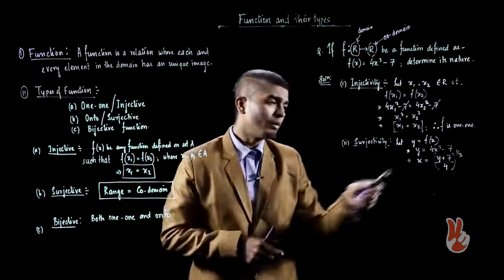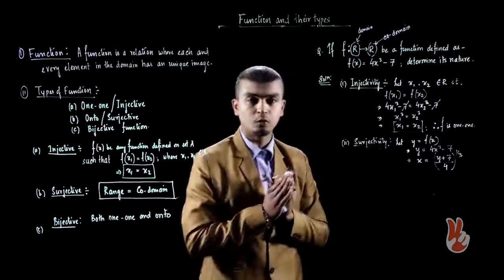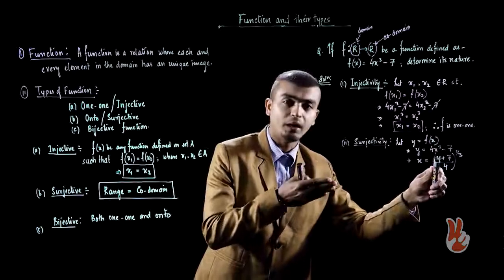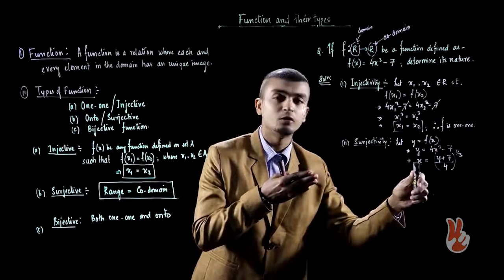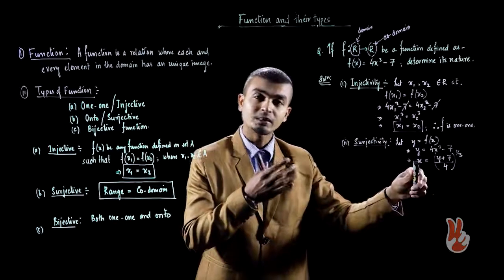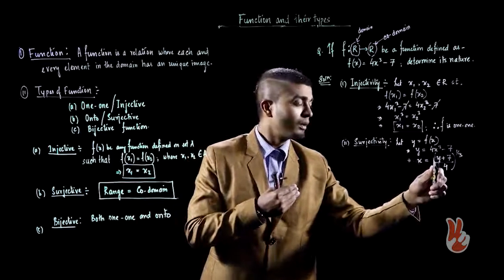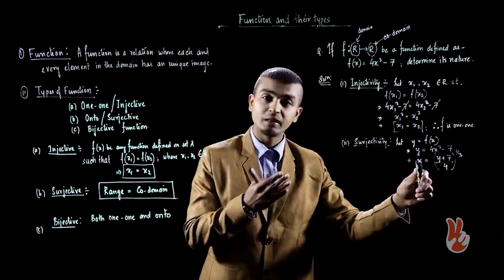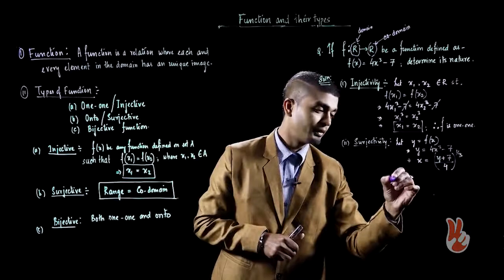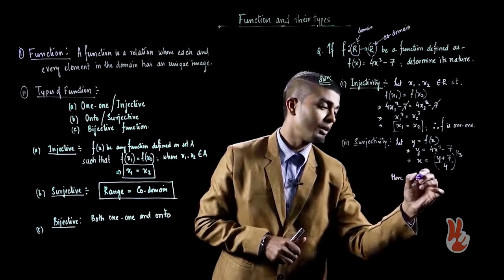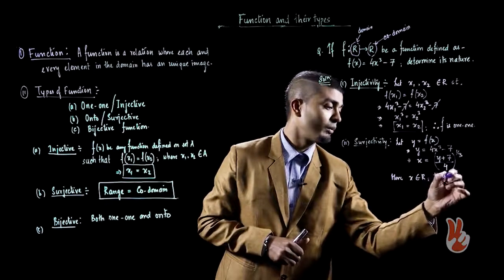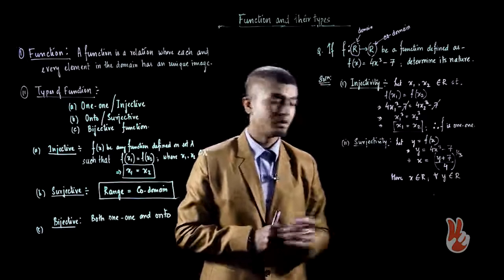Now, if you observe this equation, as you keep on putting real values for y, you are going to get the corresponding real values for x. So what is the meaning of my saying that x will be a real number if y we put as a real number? That means here x belongs to real numbers for all y belonging to real numbers.